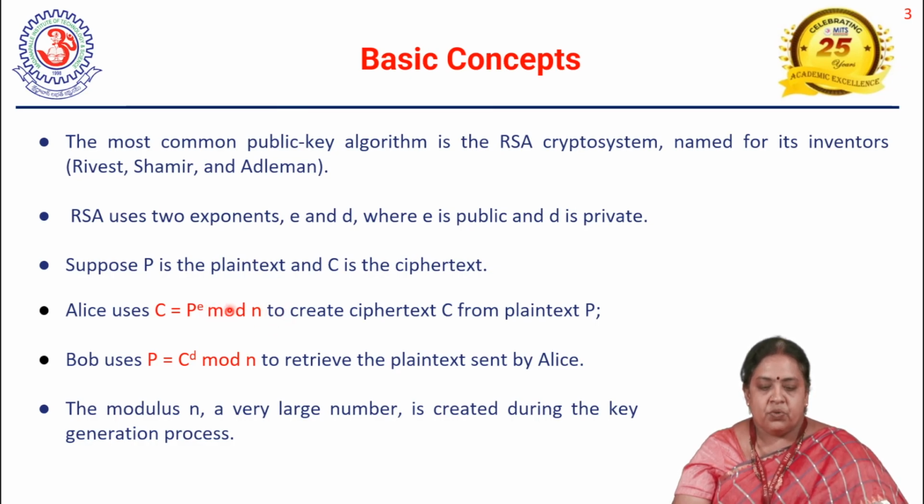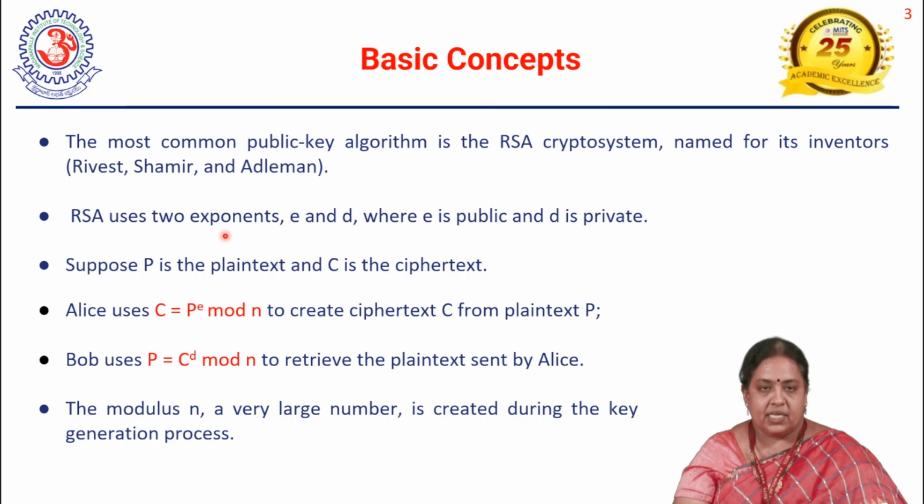By using this, she creates the ciphertext which is sent to the receiver, Bob. In order to decrypt the message, Bob uses the formula P = C^D mod n, where C is the ciphertext and D is the private key, in order to retrieve the plaintext sent by Alice.